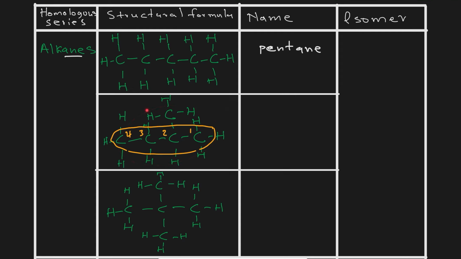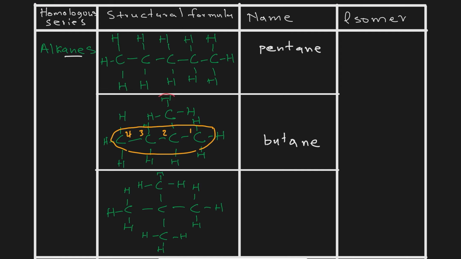So we will say on the main chain, we have 4 carbons. Remember, if we have 4 carbons, we have but. But because this is an alkane, we're going to end it as what? As butane. And alkanes always end with A-N-E. So now we must look at the position of the branch.